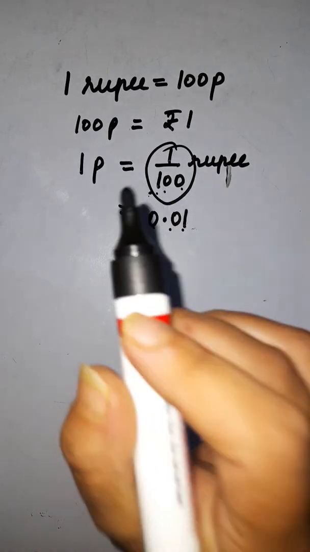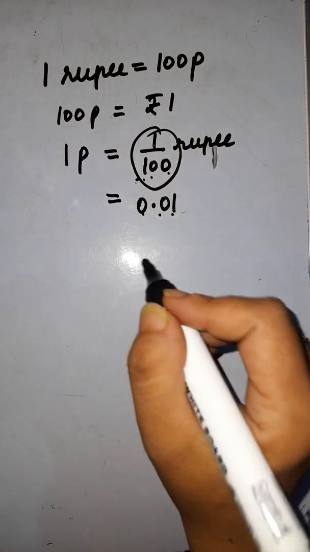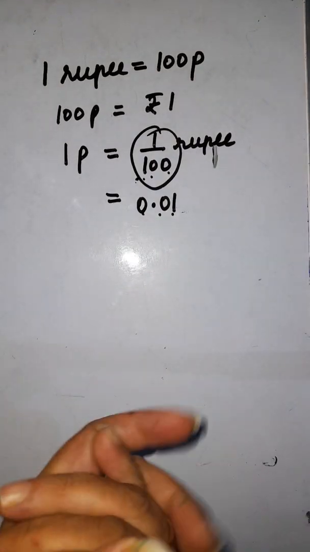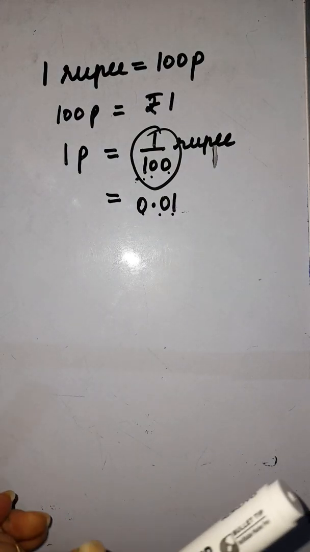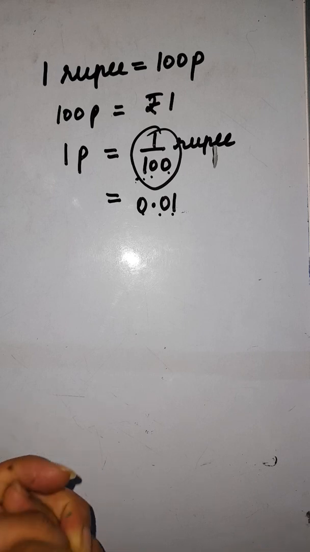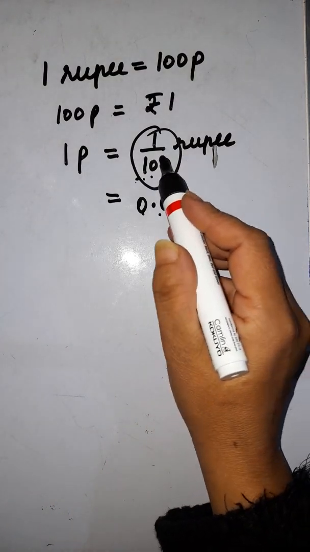Or just remember that in the last tutorial class I explained how to put the decimal point in the 10th, 100th and 1000th place. Just look at the denominator part.